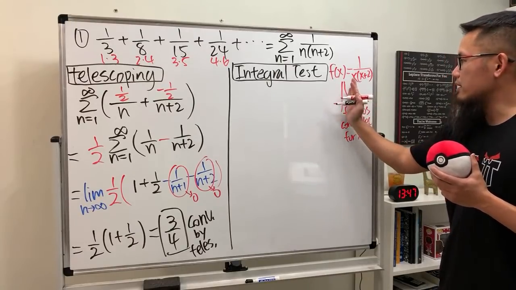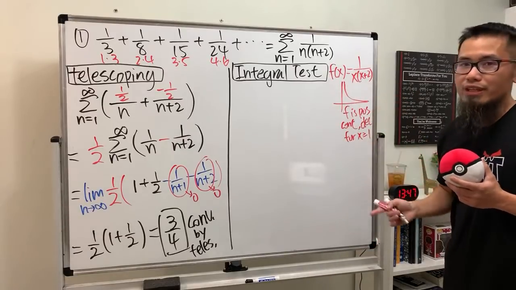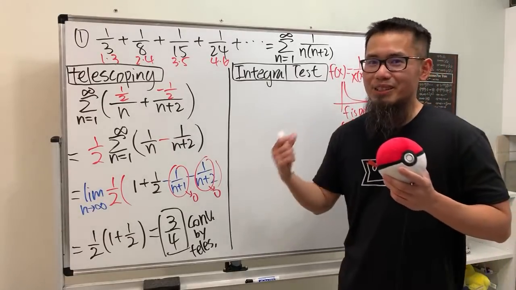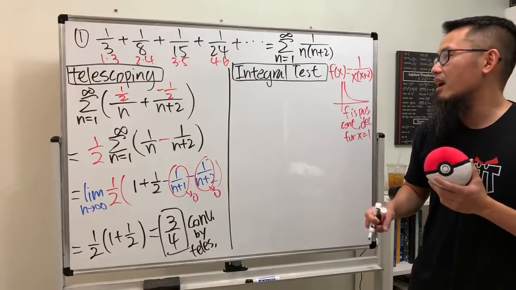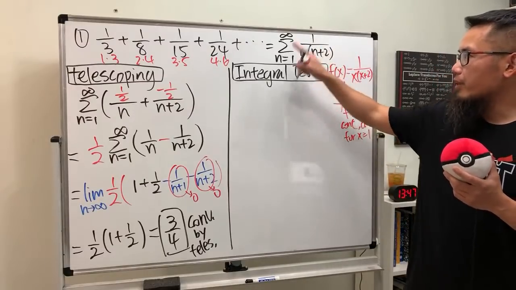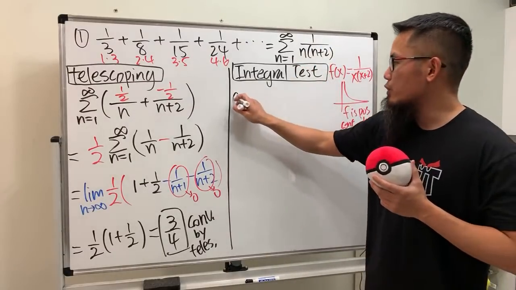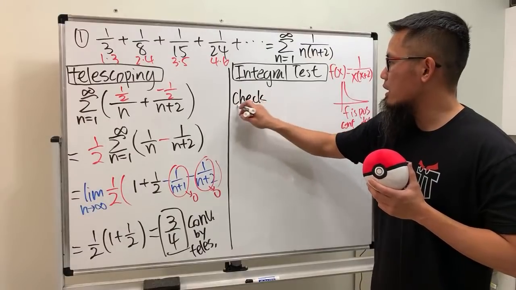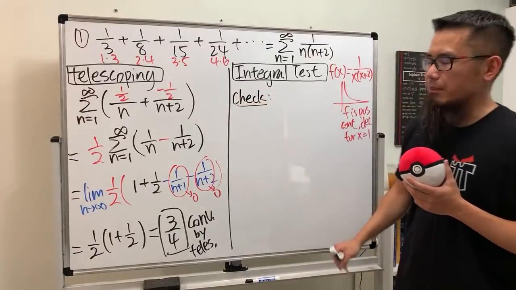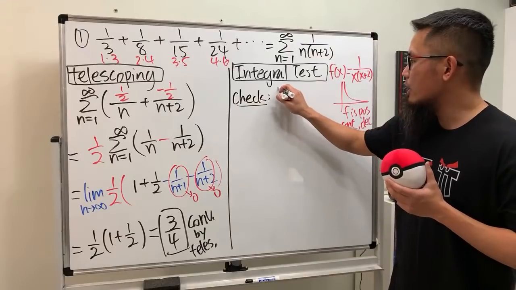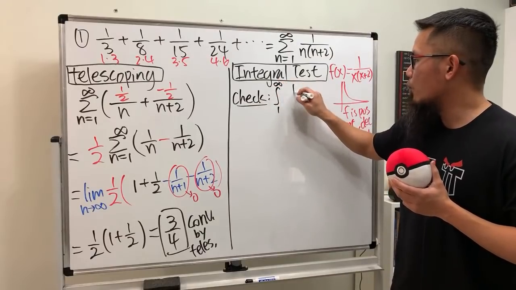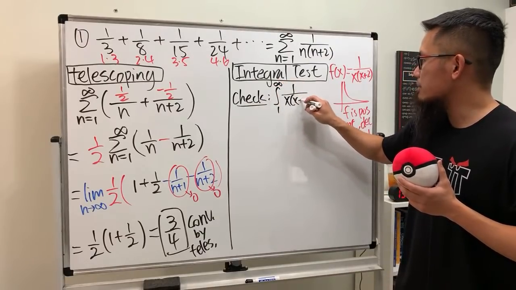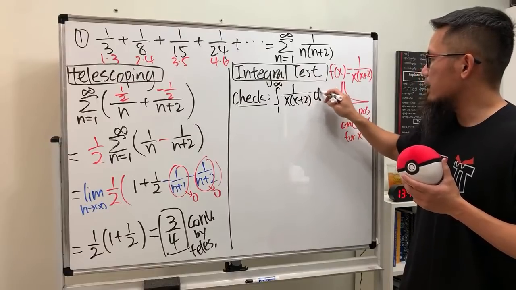We don't care about anything less than 1. So just go ahead and mention that. So that way we can legitimately use the integral test. All right, so to use the integral test, what we do is we just have to check the corresponding improper integral, namely the integral going from 1 to infinity, 1 over x times x plus 2 dx.